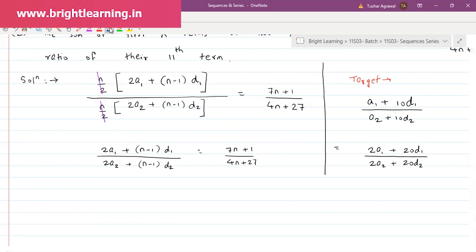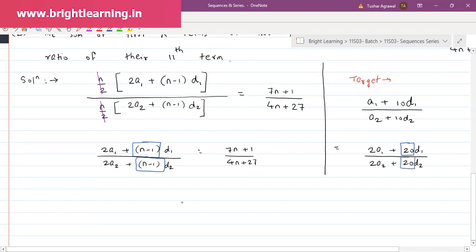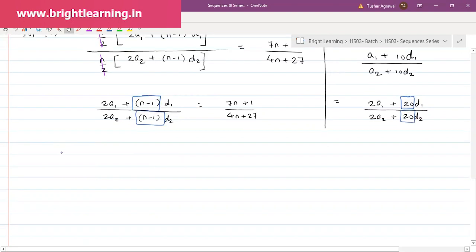What we observe is, sir, if anyhow we can make this n minus 1 equal to 20, the bottom also n minus 1 should be 20, then my work will be over. So we will substitute n is equal to 21.